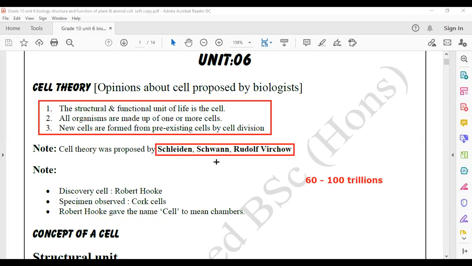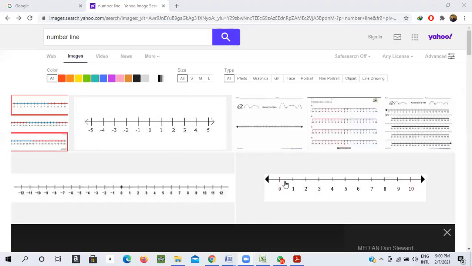In the world, the cell was discovered by this man. His name is Robert Hooke. Right?